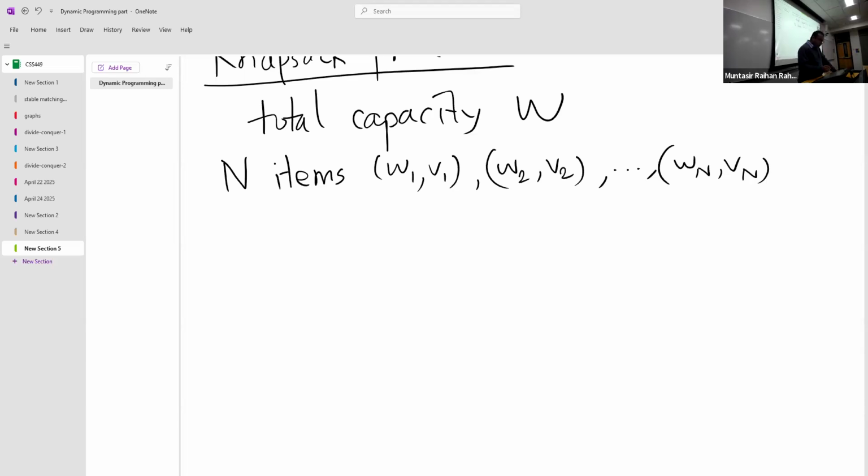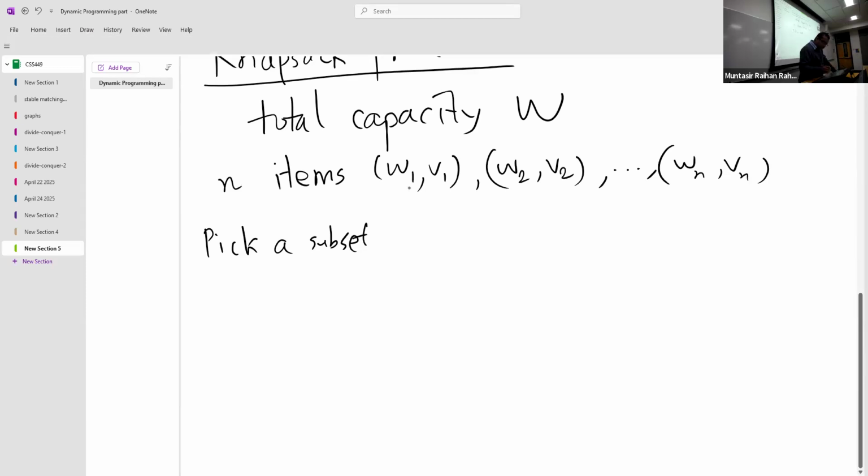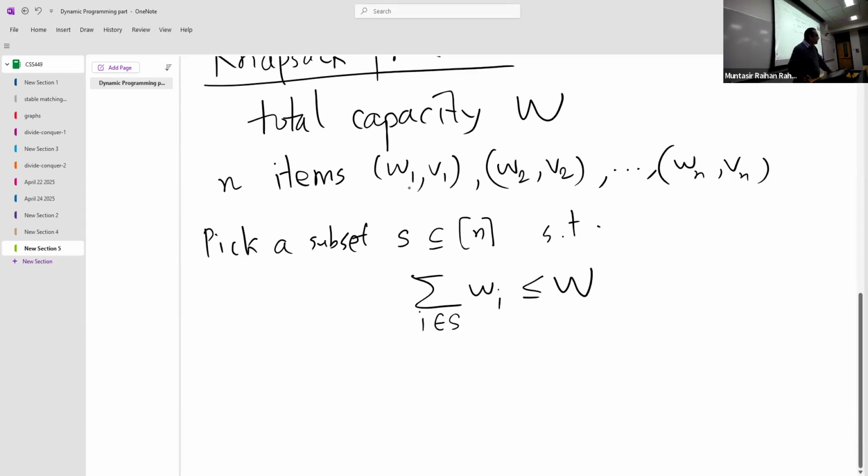The problem I'm trying to solve is: you pick a subset S of all the items, such that for all the items that you've picked in your set, the summation of the total weight of all the items must be bounded by your total capacity of the knapsack.